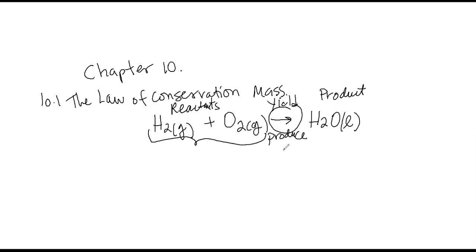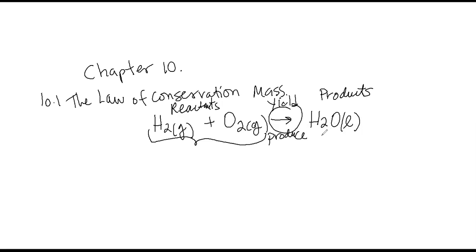That's what the arrow means. The reactants produce or yield the products. In this case, it's just the one product, but usually you have several products. At least one, but you may have two, or three, or more.